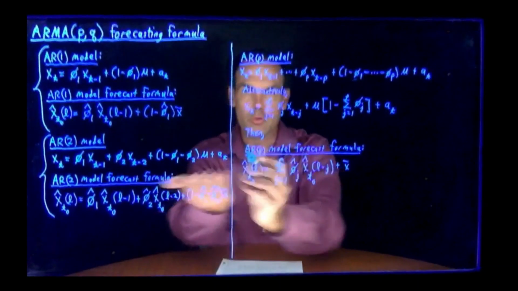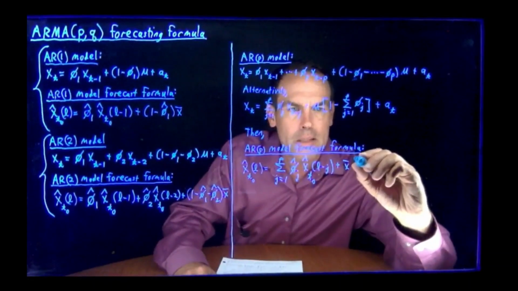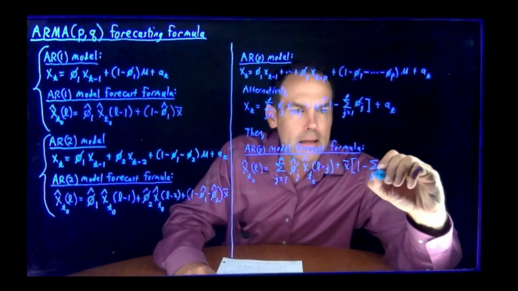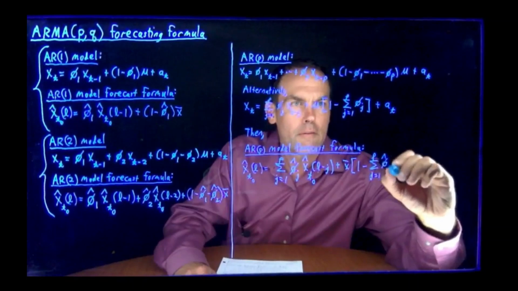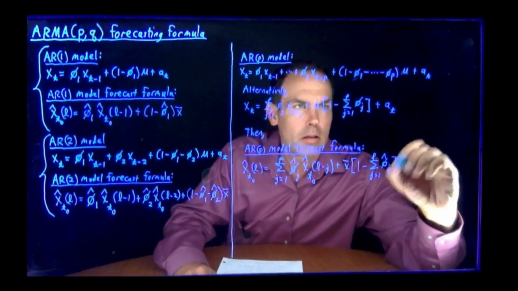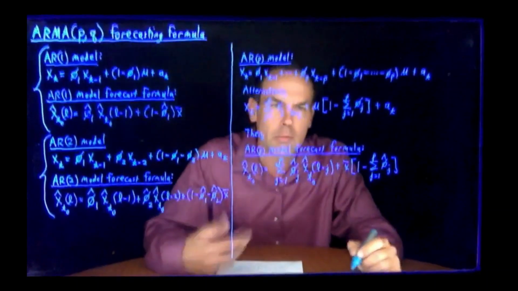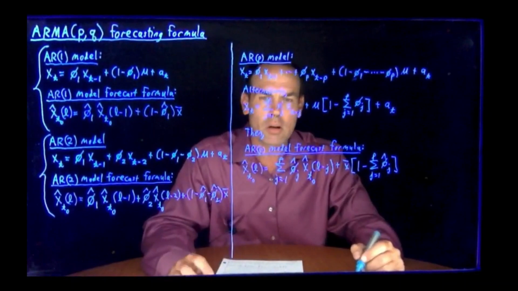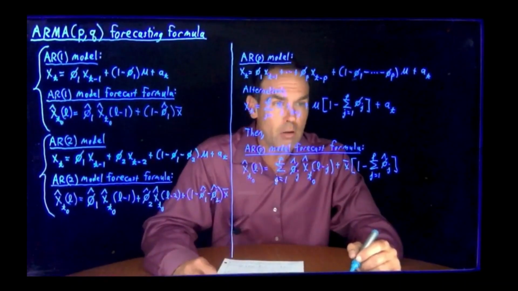I know we moved that up to the front from last time, but that doesn't matter. X bar times 1 minus the summation of j equals 1 to p of phi hat j. And then the a t is forecasted to be 0. We know that the mean would be 0. Okay, so that is the forecast formula for an AR(p) model.